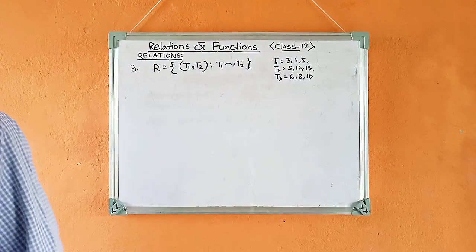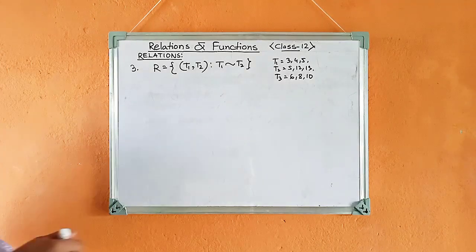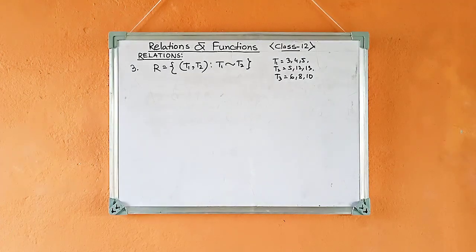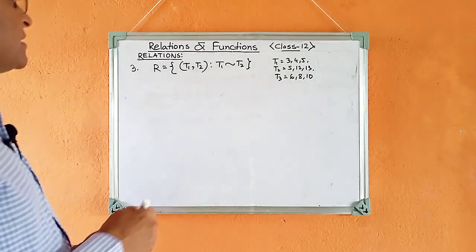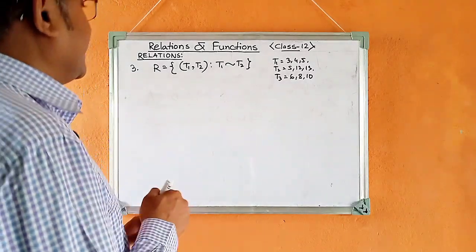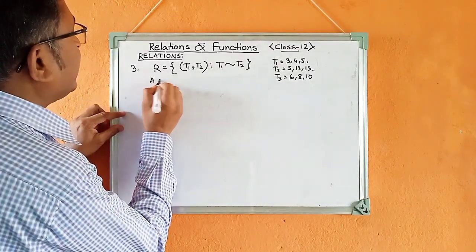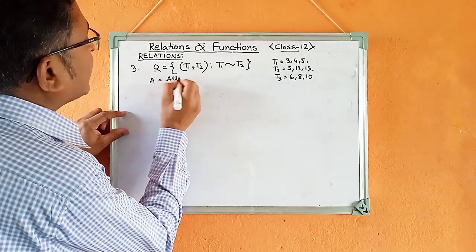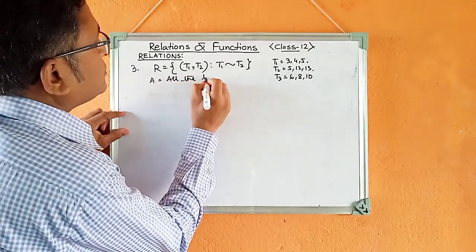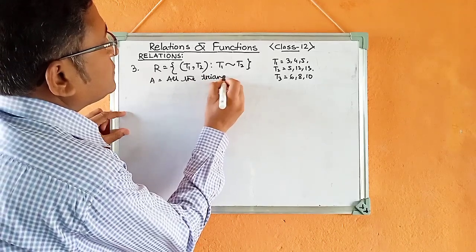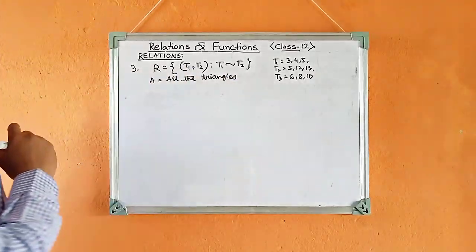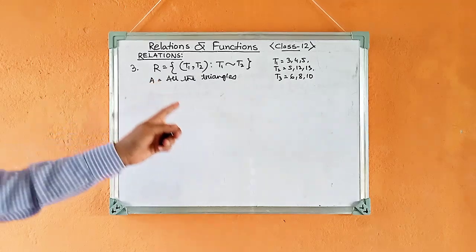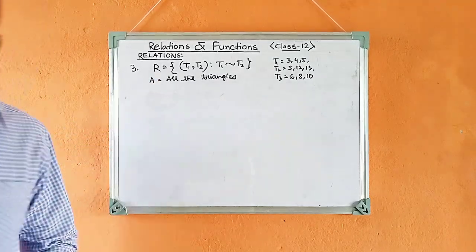Now first one, consider T, any triangle in A, given that A is the set of all triangles.